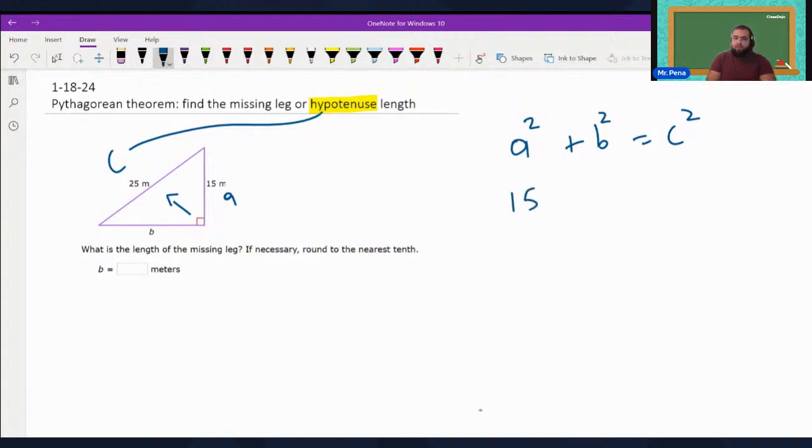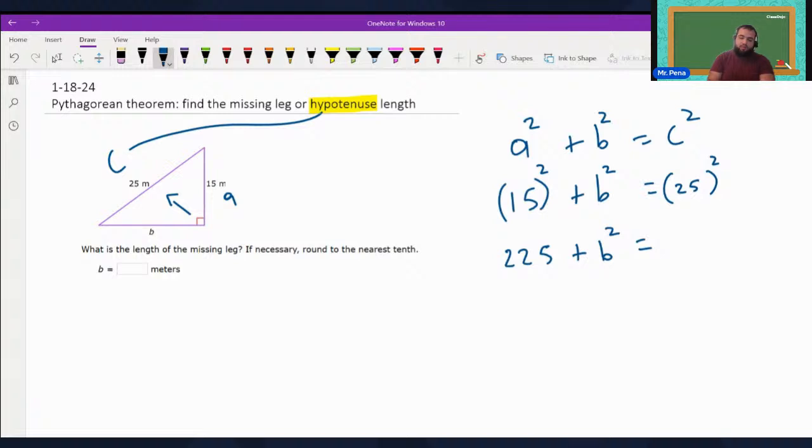So we have A, which is 15 to the power of 2, plus B to the power of 2, equals C to the power of 2. They've given us C, so we're not finding out C. We are solving for B, the edge that we don't know about. So we're going to multiply 15 by 15 to get 225 and bring down the B squared.